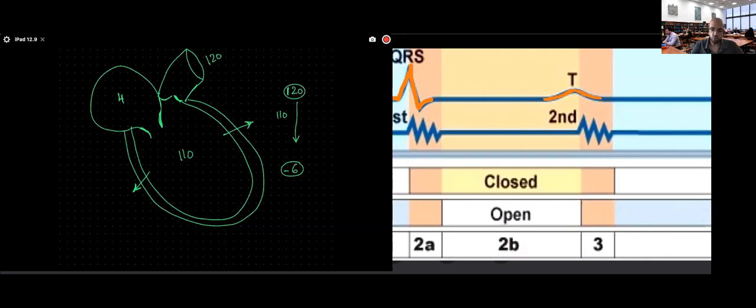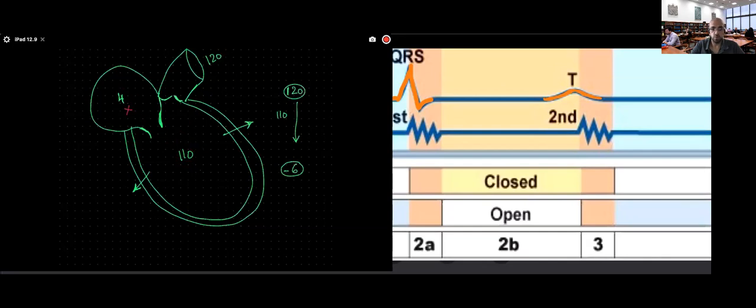Well, would the blood be trying to move from the atrium to the ventricle? What do you think? Would the blood be trying to move from 4 to 110? Yes or no? If I have a pressure of 4, would I like to go to a pressure of 110? No. How about if you are 120? Would you like to go down to a pressure of 110?